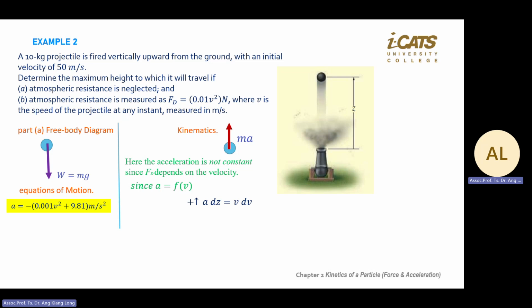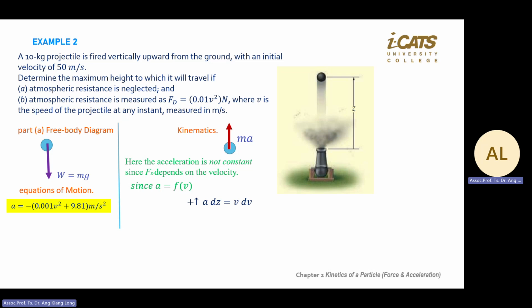This is from the definition of v and a that you learned in chapter 1. So if you do not get constant acceleration, you need to recall back to the basics, with its definition of acceleration and velocity. Either you do differentiation or you do integration, depending on the cases you have.